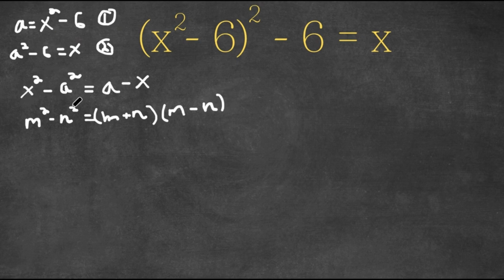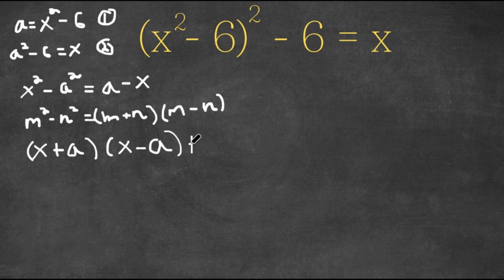Meaning x squared minus a squared is equal to x plus a times x minus a. And now if I add x on both sides, we would get plus x. And then if I subtract a on both sides, we would get minus a. And now because there's nothing left on our right-hand side, we would simply have 0.